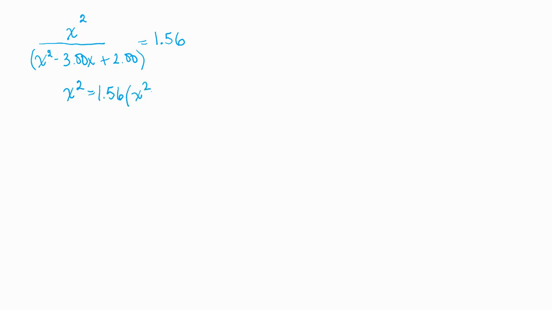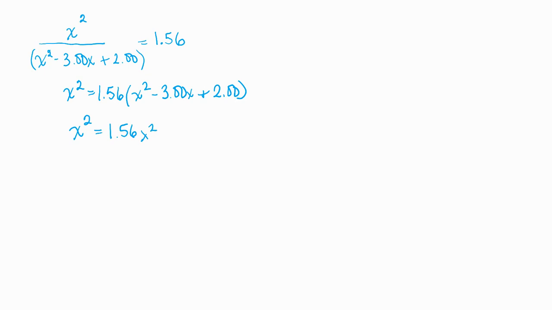So I'm going to rewrite that: x squared over x squared minus 3x plus 2 equals 1.56. So now I'm going to bring that bottom part to this other side, and then we're going to distribute.